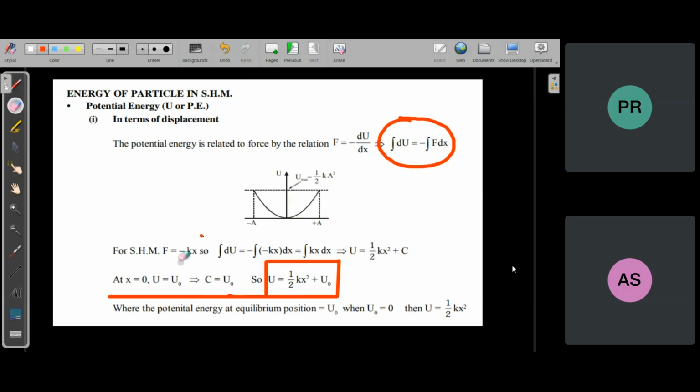The equation of potential energy will become half kx square only if it is known that the potential energy at the mean position is zero, or if an assumption is taken that, okay, I am assuming that the potential energy at the mean position is zero. Otherwise, nowhere is it written that potential energy will always be zero at the mean position. It will always be minimum.